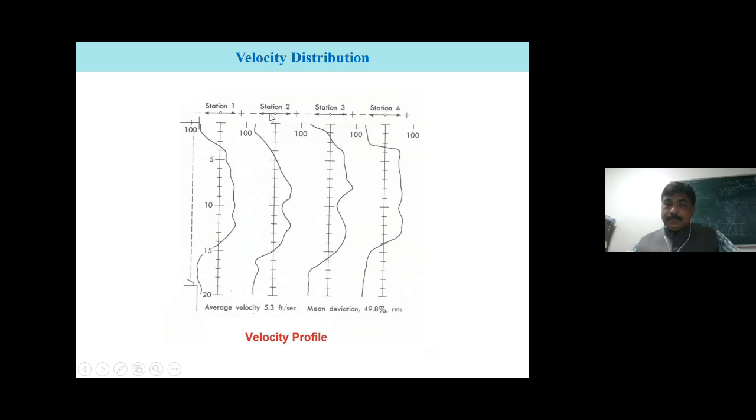This is the velocity distribution along the height. Vertically it is the height, horizontally it is different levels along the ESP. You can see in the first section, in this profile, the flow is in the reverse direction.